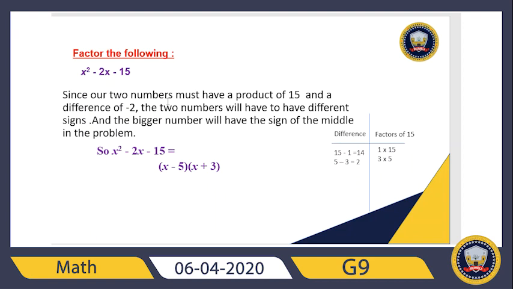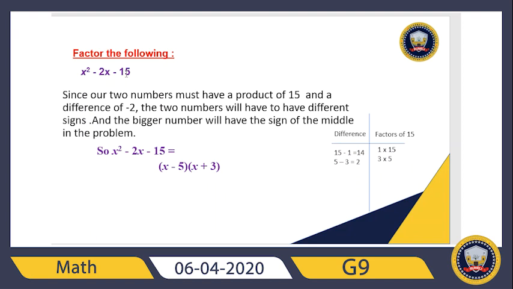Does it have a common number or common letter? There is no common number and no common letter between these three terms. The second question: is it a binomial? No, it's not a binomial because it's a trinomial. It consists of 3 terms.